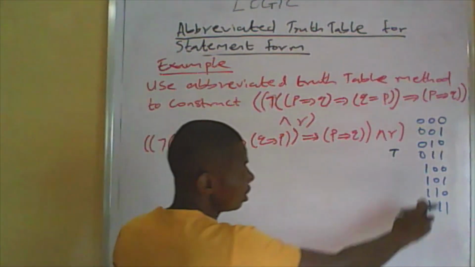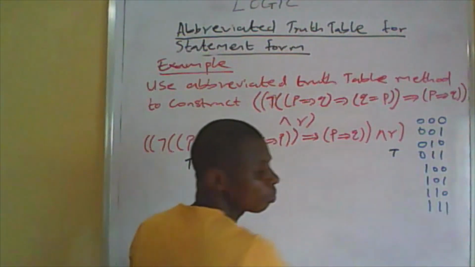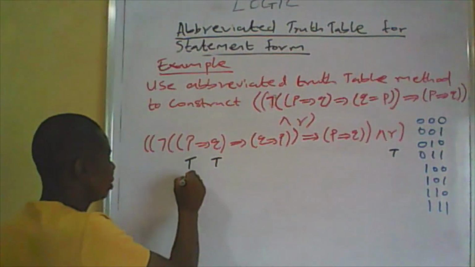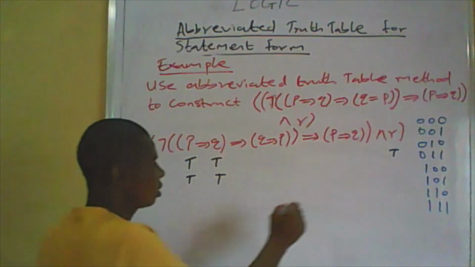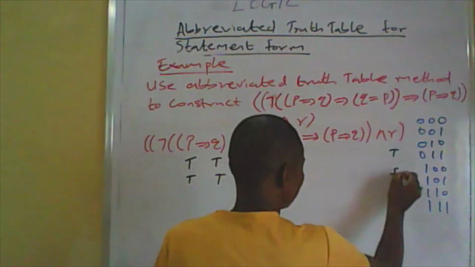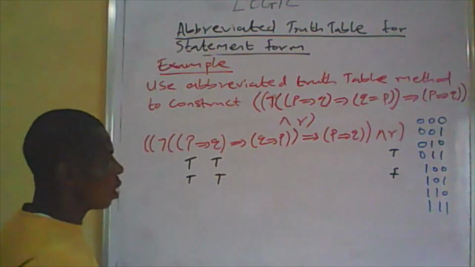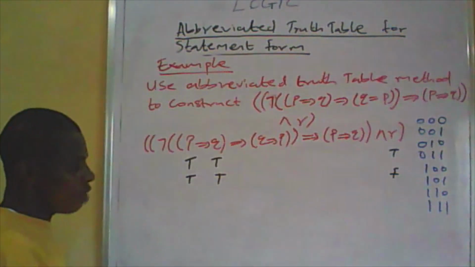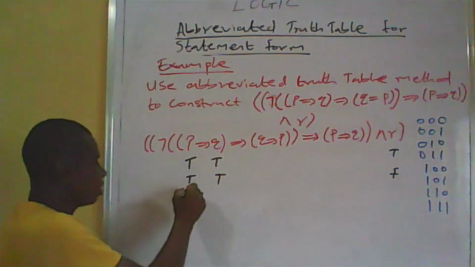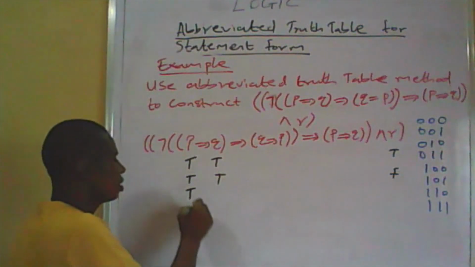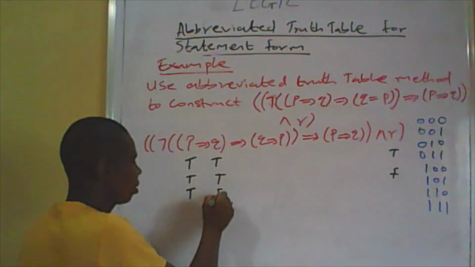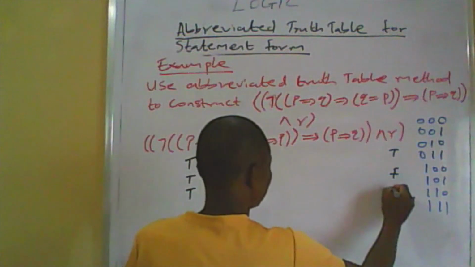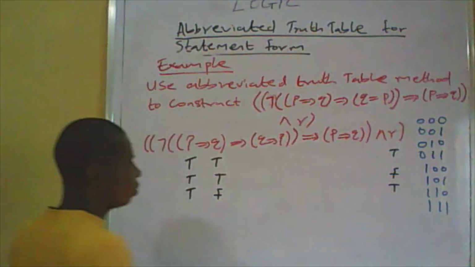That means here is T, here is T, here is F. The next one is 101. That means T, F, T. So the first statement will be T, second one will be F, third one will be T.